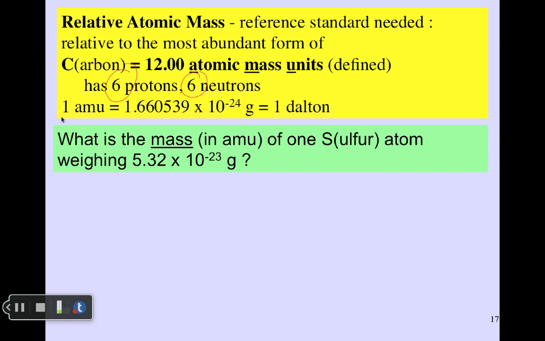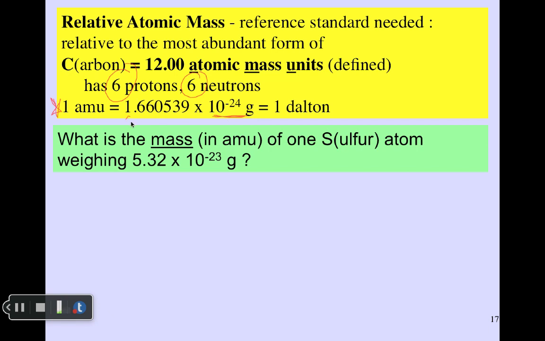Well, it's a peculiar conversion. It's not one you need to memorize because I will always provide it for you if you need it on an exam. But 1 atomic mass unit is a very small number of grams, times 10 to the minus 24th grams, since we're measuring atoms.